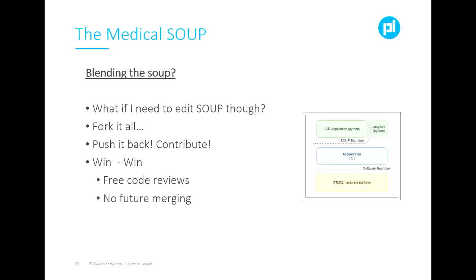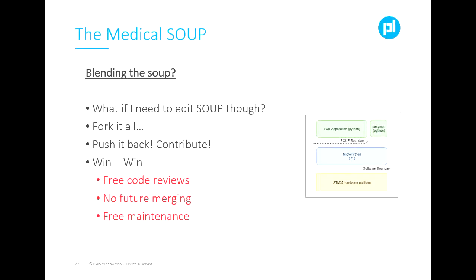And I don't have to worry about future merging upstream changes into our fork. So there's a whole maintenance headache that we just don't have anymore. And these things can be a really strong argument for commercial operations contributing back to the open source community if you've got a company that's more traditional or less open to that.